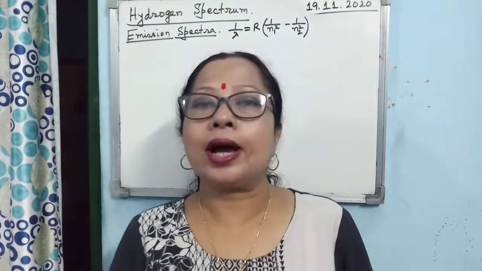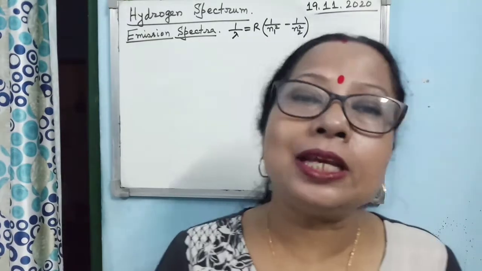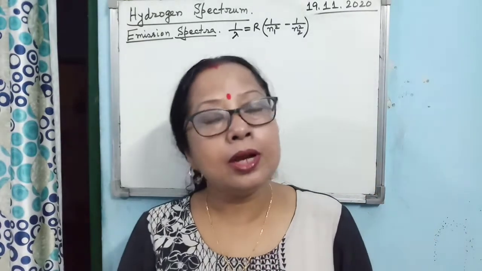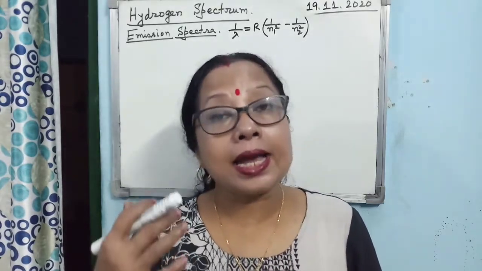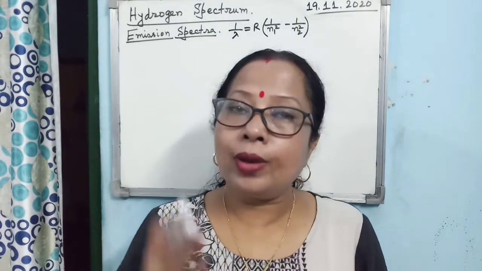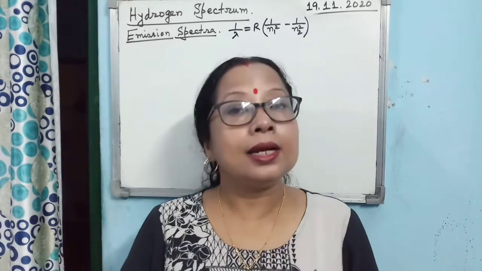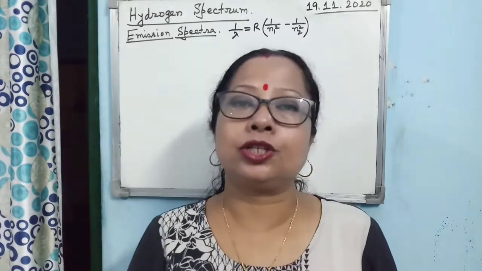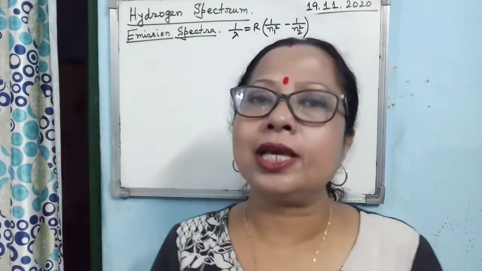That's why it is known as the emission spectra. So emission spectra is formed when an electron transits from a higher energy orbit to a lower energy orbit.